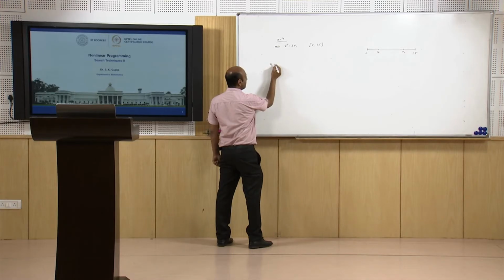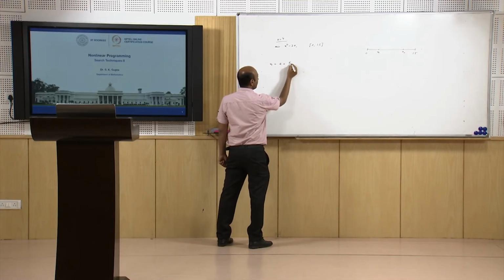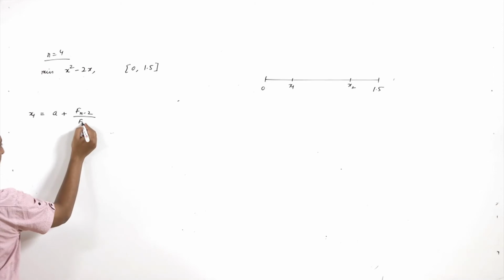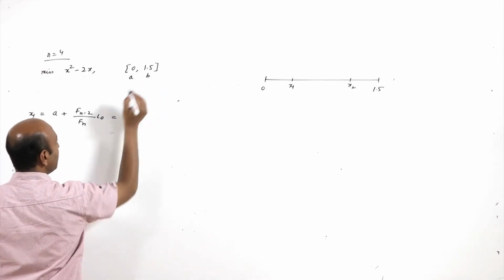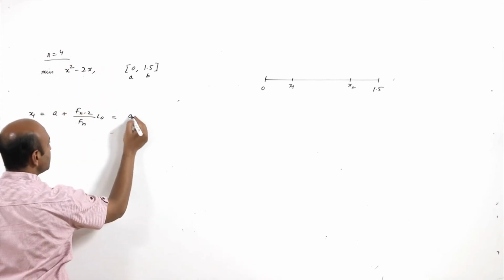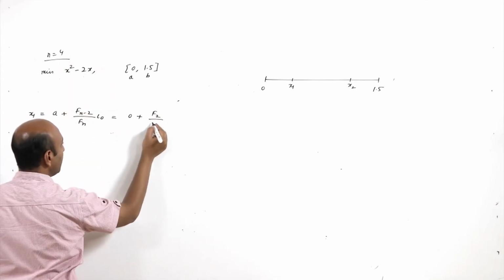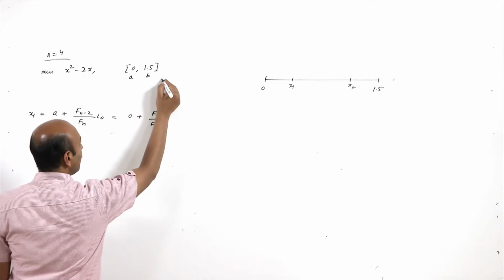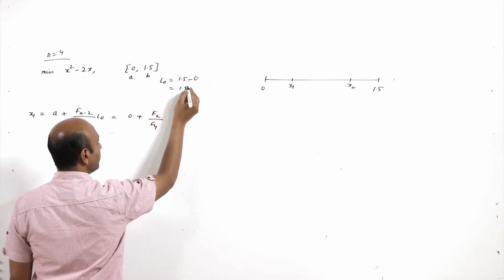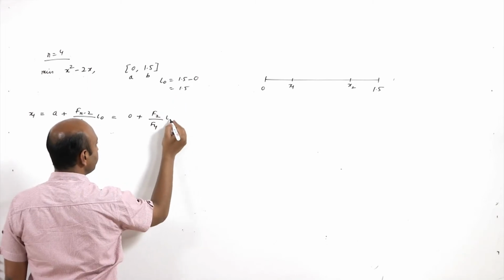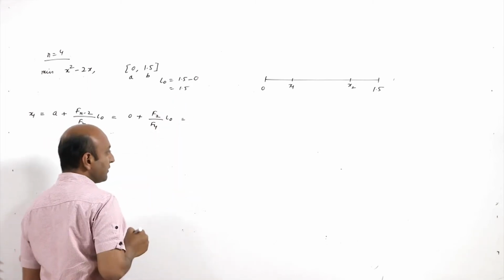x1 is given by a plus fn minus 2 upon fn into L naught. So, this is a, this is b, and n is 4. So, it is 0 plus f2 by f4 times L naught, and L naught is 1.5 minus 0, which is 1.5. And what is f2?